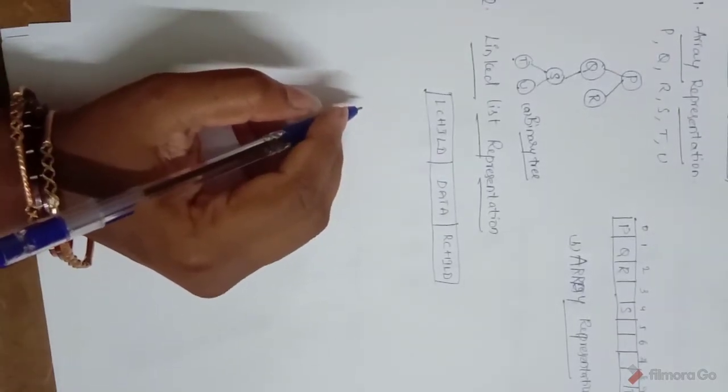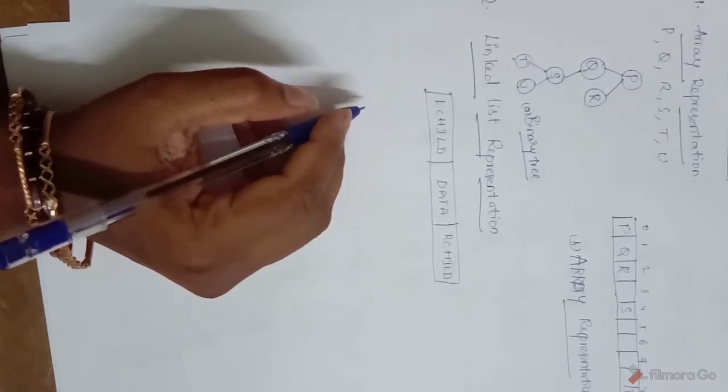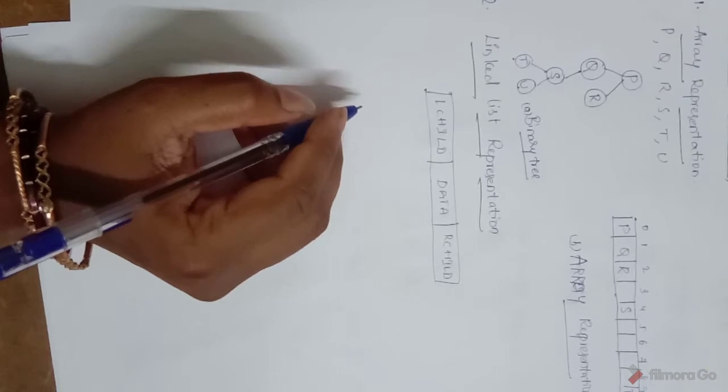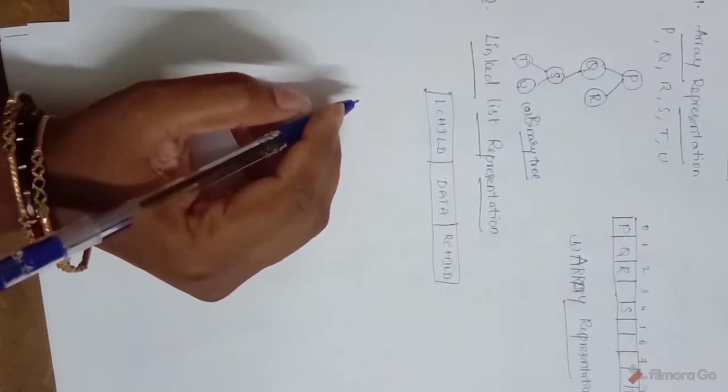This is an effective and advantageous method for binary trees over an array because the node structure can have 3 fields, because we are considering the two-way representation of the linked list, the double linked list. We are going with the double linked list.